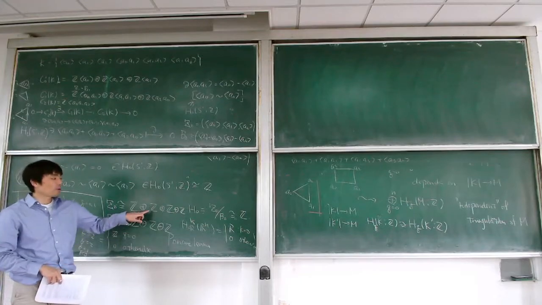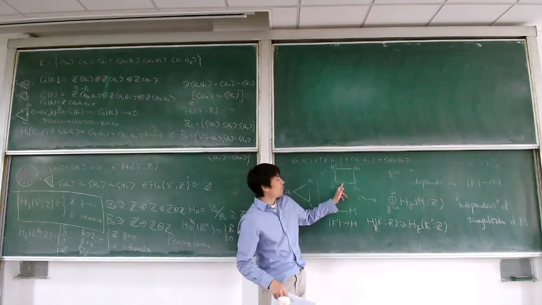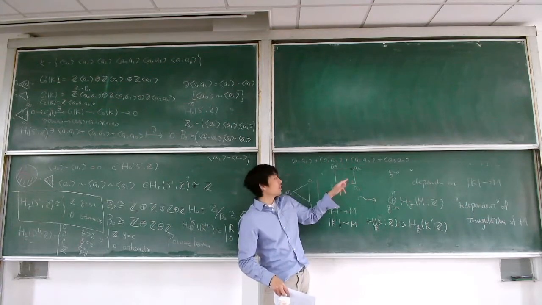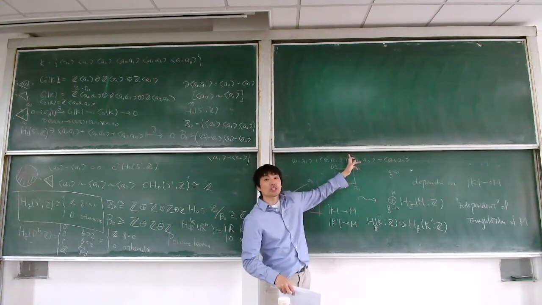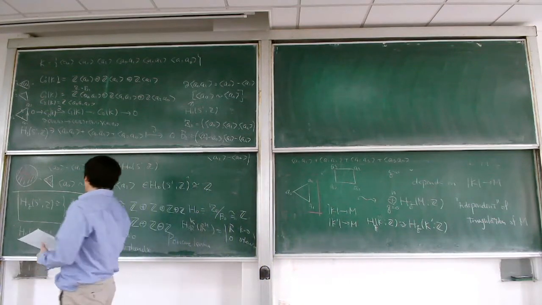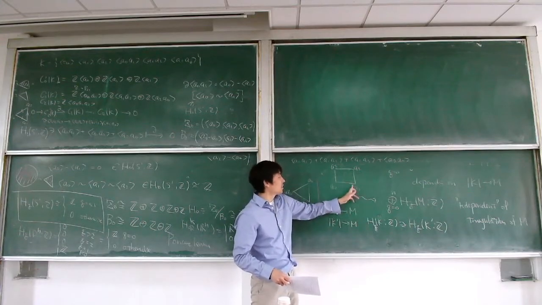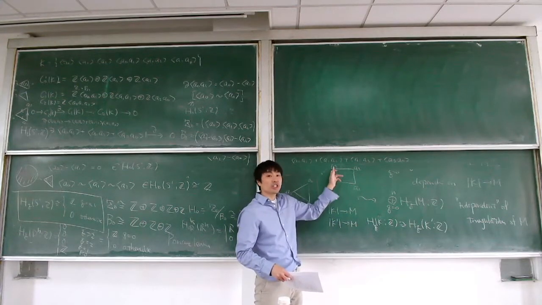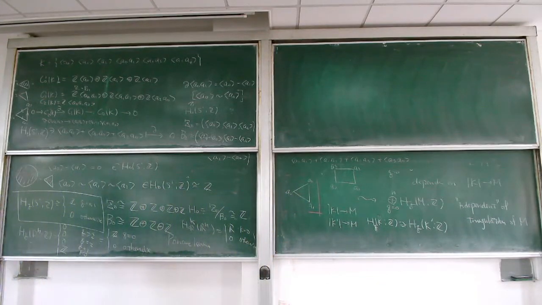So you have four copies of vertices and four edges, but by taking the differential, the boundary, this edge is equivalent to these edges once you add them up.